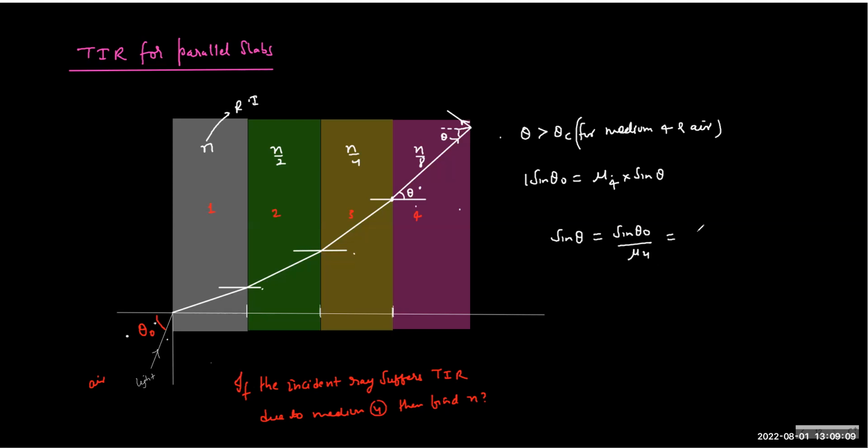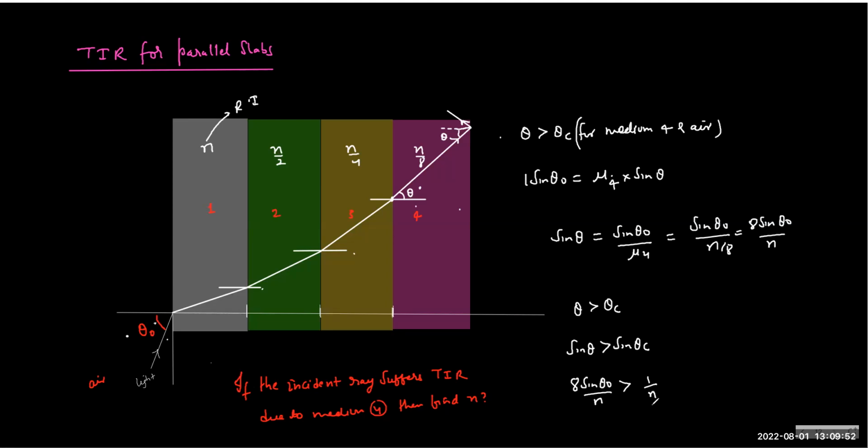And what is mu 4? n by 8, right? We know theta exceeds the critical angle, which means sine theta must exceed sine theta c. What is sine theta c? It is the critical angle between medium 4 and air, which is 1 by n by 8.